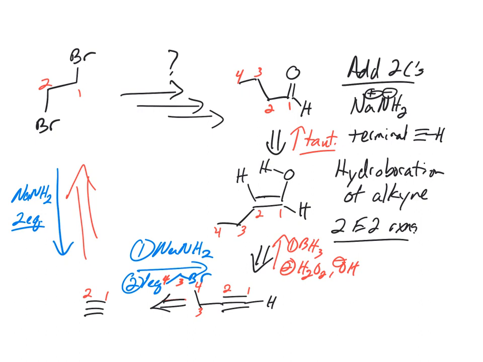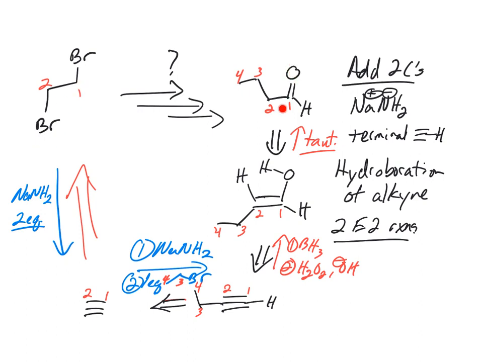Every time I do an elimination, I get 1 pi bond. If there's 2 bromines, I can get 2 pi bonds, which gets me to an alkyne. So it's kind of just recognizing I only know one way to make aldehydes, and that's through the hydroboration of an alkyne. I know I need to make an alkyne, so I need to turn this into an alkyne somehow. And you only know one way to make alkynes, this double E2.